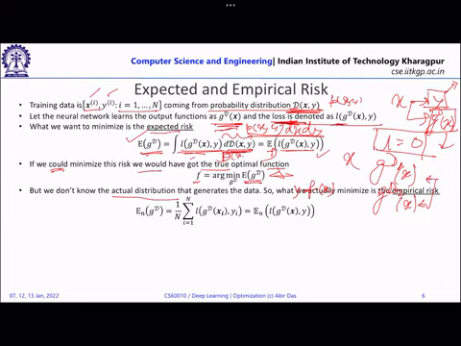We want to minimize against it, but we don't know the actual distribution that generates it. So what we actually minimize is the empirical risk. We would have liked to minimize this, but this means an expectation. To get the true value of the expectation, you need to know the true probability, but you don't know the true probability.